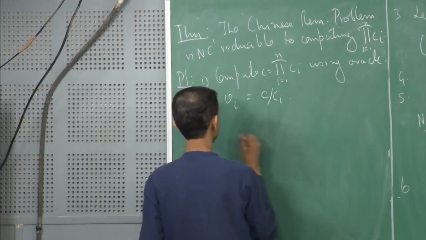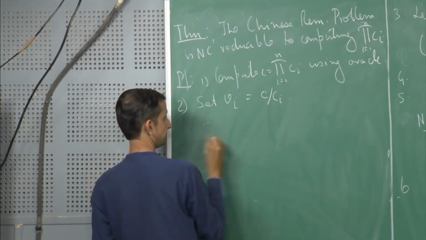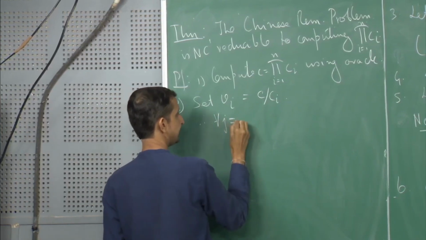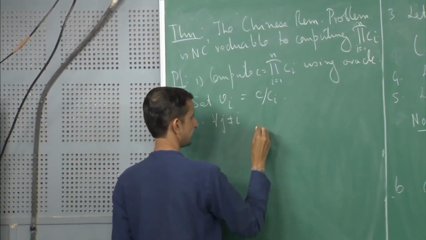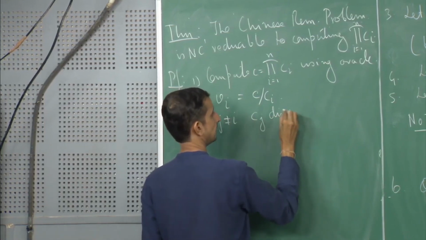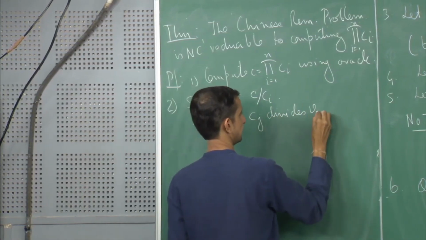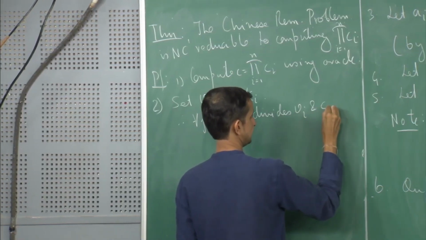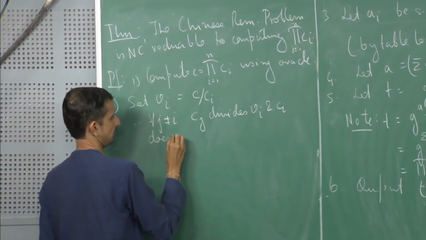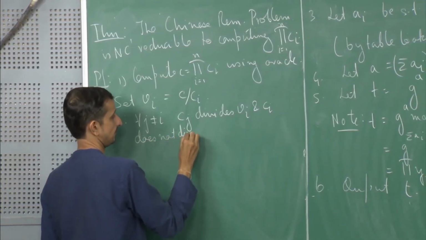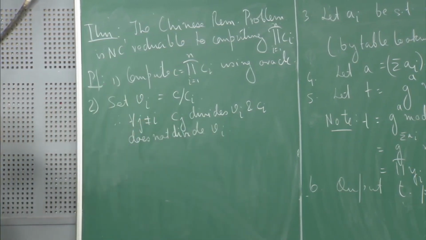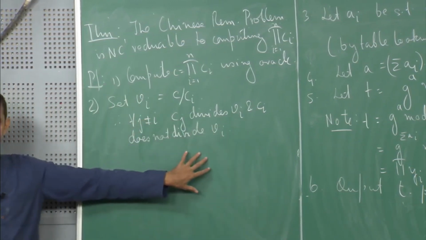So in other words, therefore, for all j not equal to i, Cj divides Vi and Ci does not divide Vi.